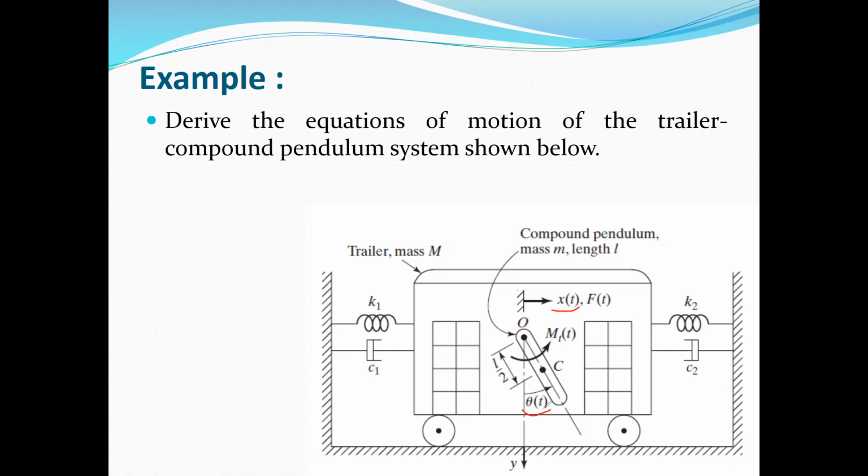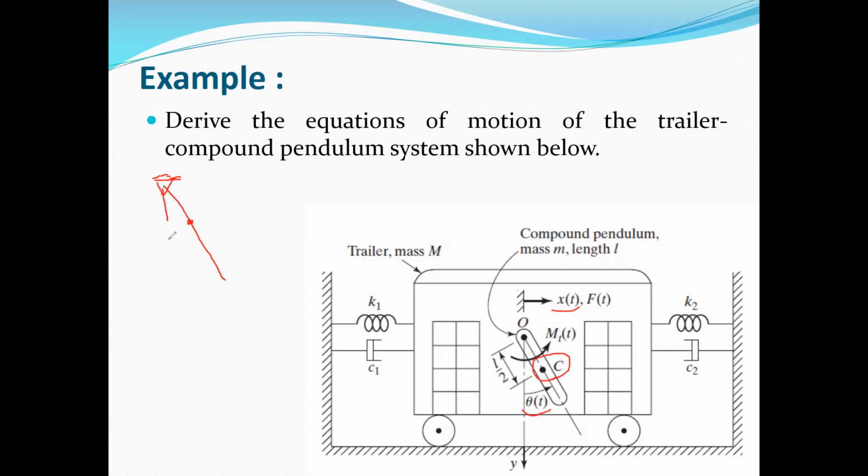For this purpose, we need to write the kinetic energy and potential energy for this system. As you can see, we deal with a pendulum. I mean, when you want to write the potential energy, the weight of this pendulum will appear in the potential energy terms, because if we assume that this is a pendulum which is rotating about 1 point, and this is the mass center of the pendulum.